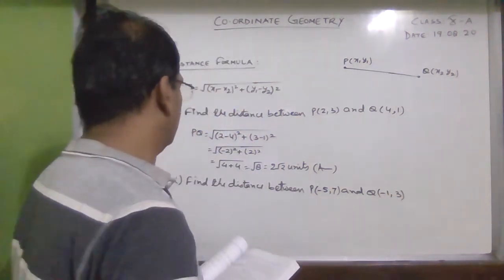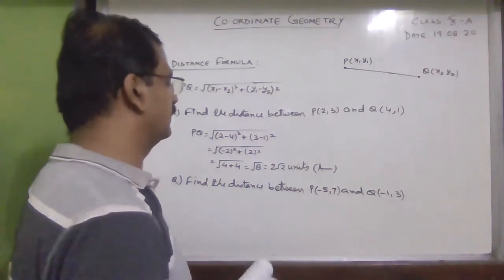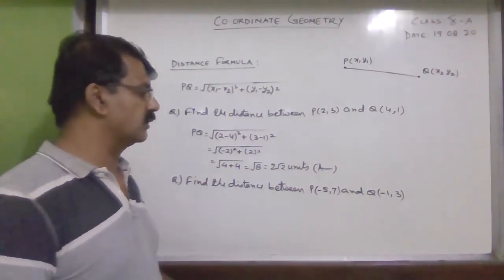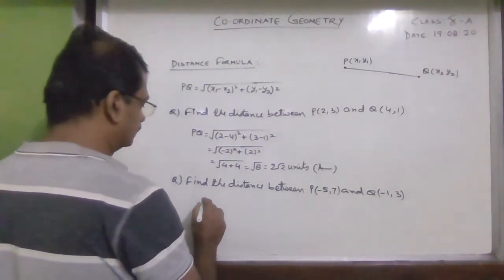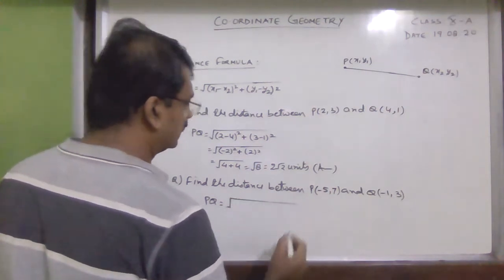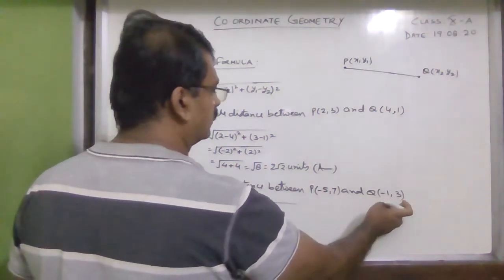So we have to find the distance between minus 5, 7 and minus 1, 3. Once again, PQ will be equal to under root. So this is x1, y1, x2, y2.